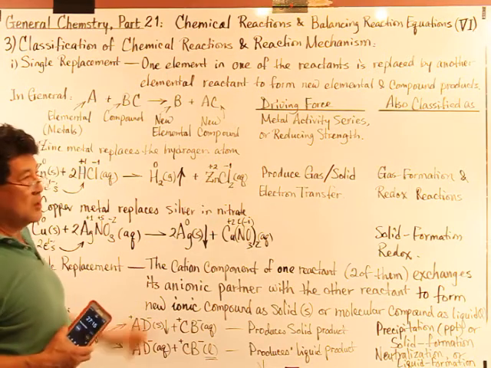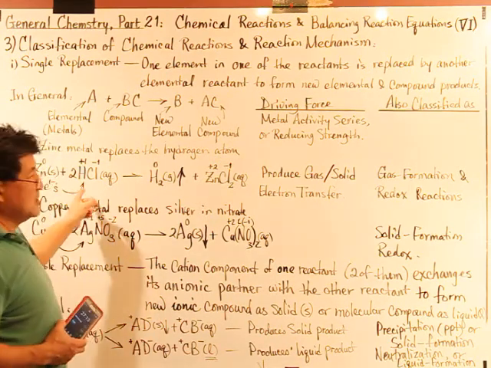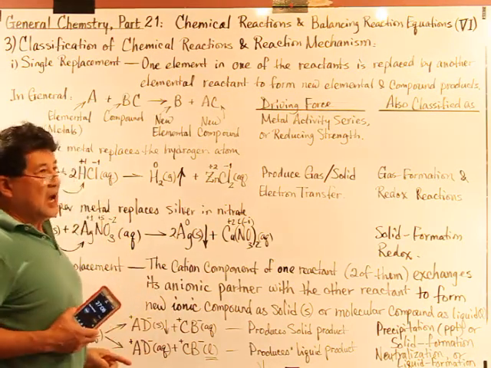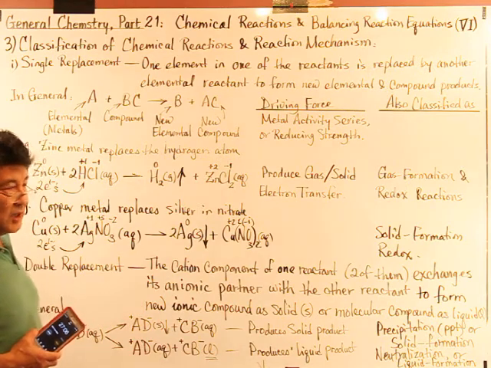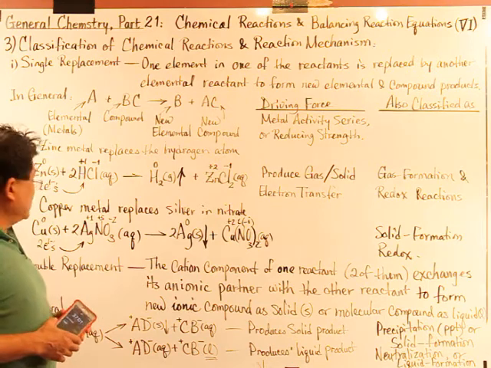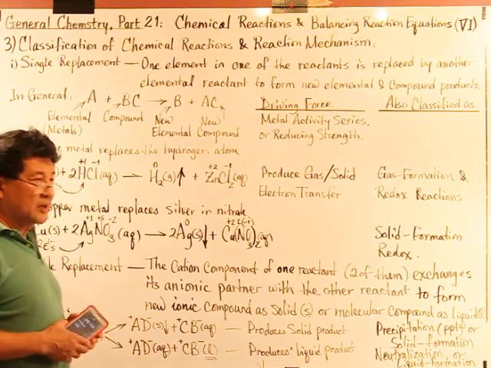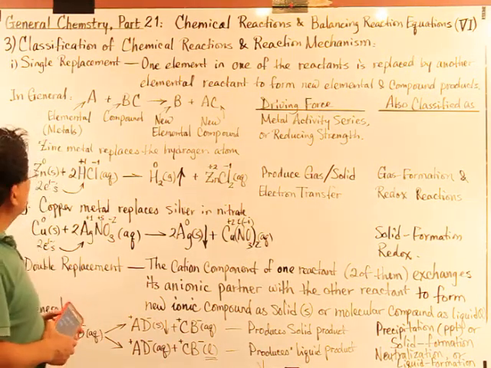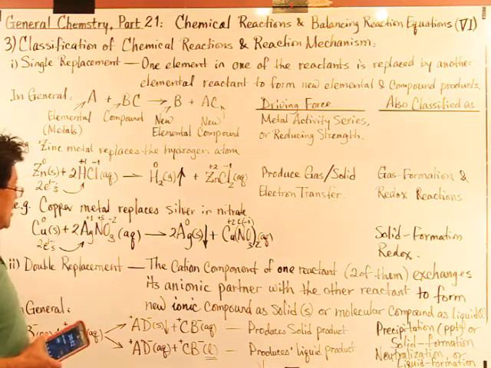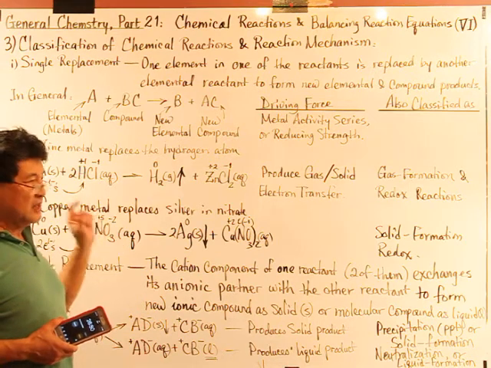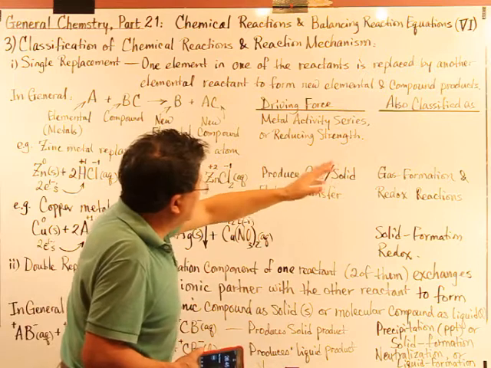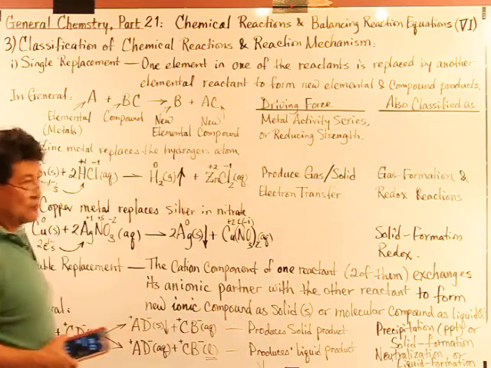It loses 2 electrons to 2 hydrogen ions in the hydrochloric acid, reducing the hydrogen cations into hydrogen diatomic gas molecules. So electron transfer is involved in both cases, and we classify them as redox as well. All right, so here we say they can also be classified as such.